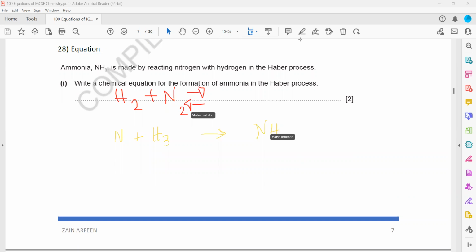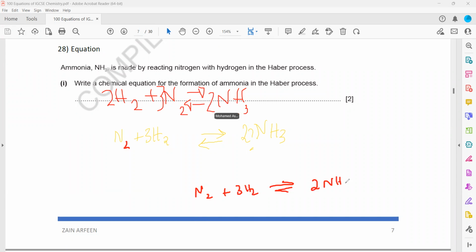Hydrogen should be H2 and nitrogen should be N2 because both are non-metals, and non-metals exist as molecules. So N2 plus H2 gives NH3. Then the equation must be balanced. So the balanced equation is N2 plus 3H2 gives 2NH3.